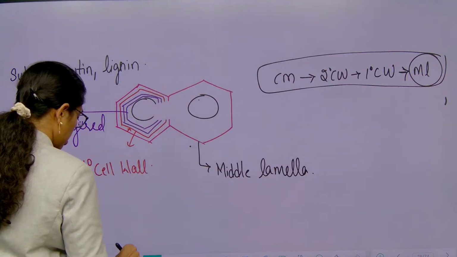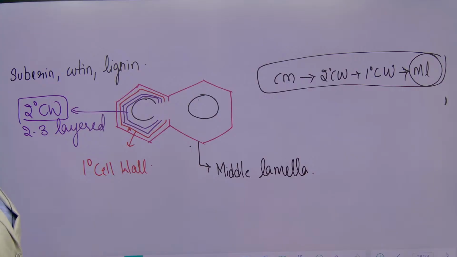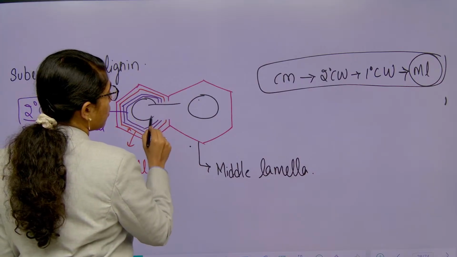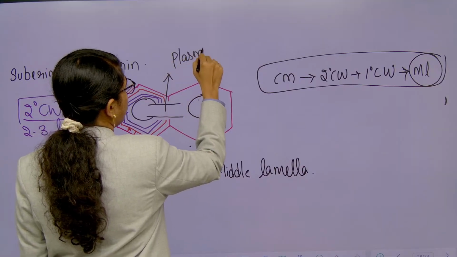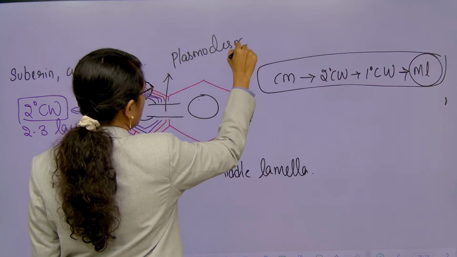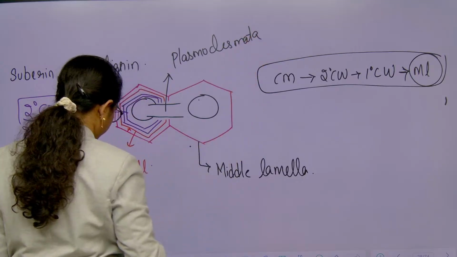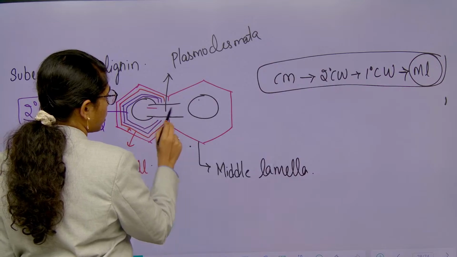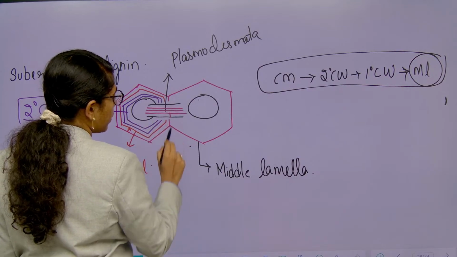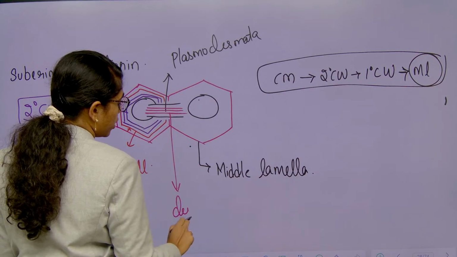In NCERT also it is there. The only living component of the cell wall is plasmodesmata, they will say. Plasmodesmatal connections. This plasmodesmata will have tubulin-like proteins, which are made up of desmotubulin protein.